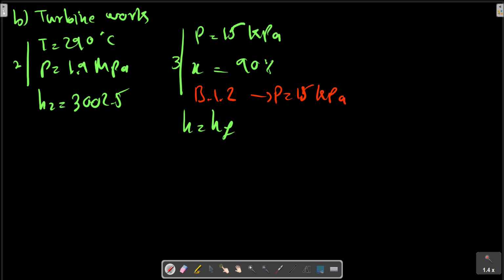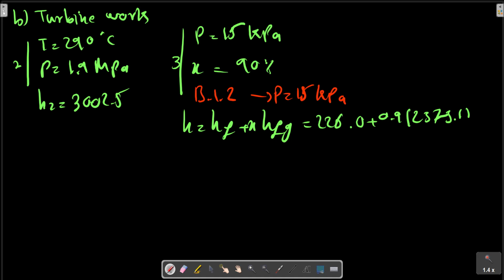H is HF plus X HFG, which equals, you can check with the tables from your books for the quantities. H3 can be calculated.